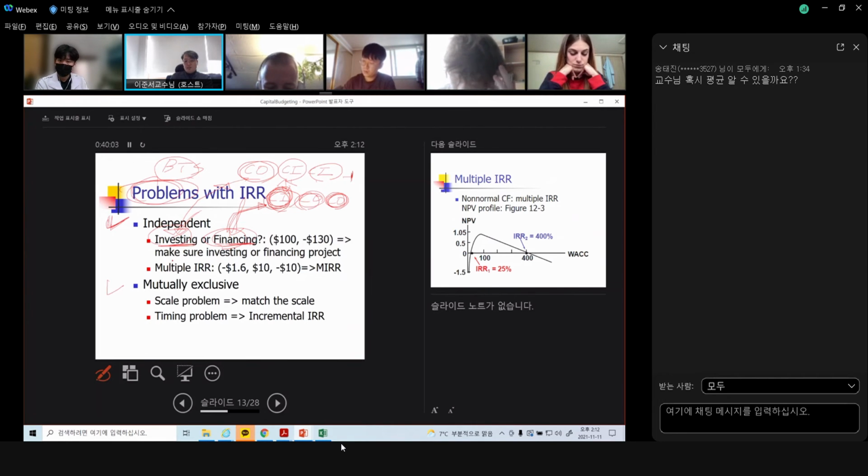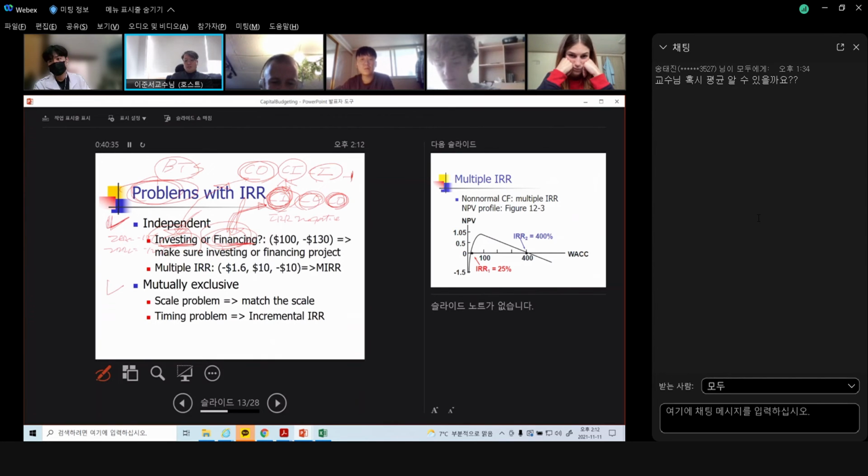If it is an investing case, it is okay to use the IRR, but in a financing case, when we use the IRR, most of the time the IRR is negative. For example, the IRR is negative 10%, or negative 12%.